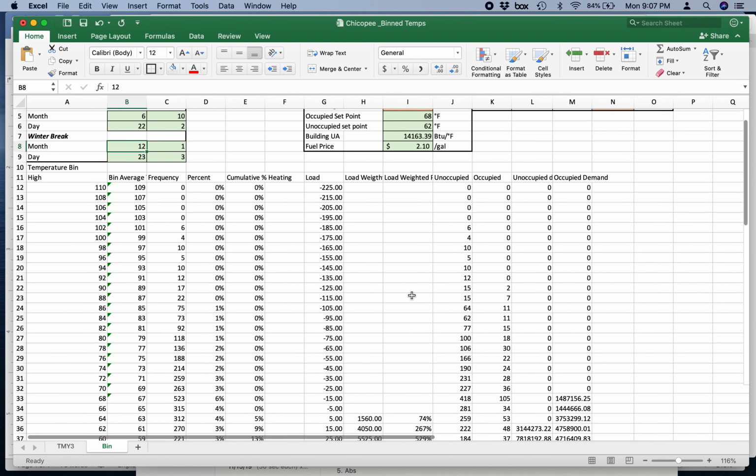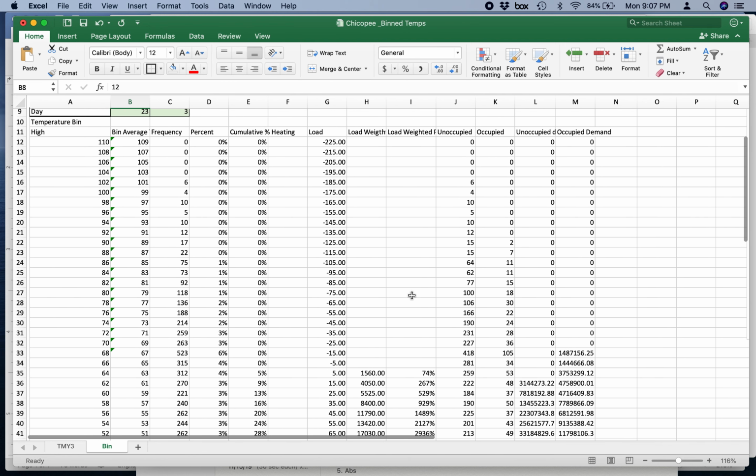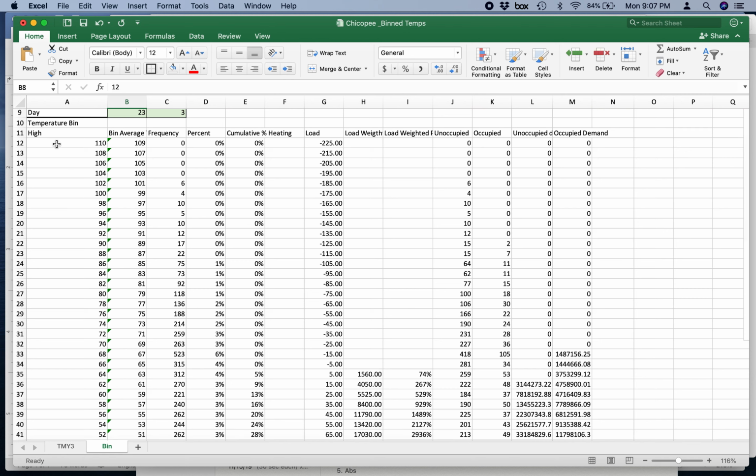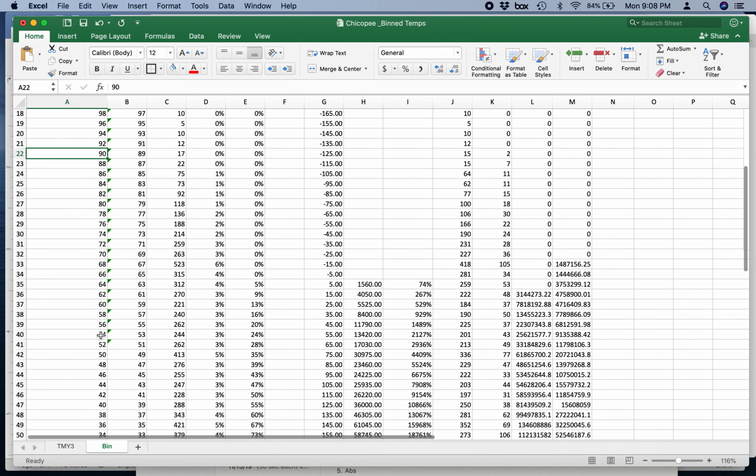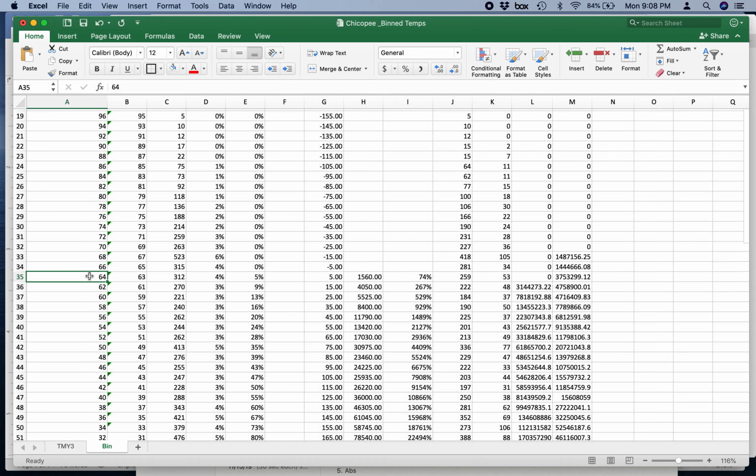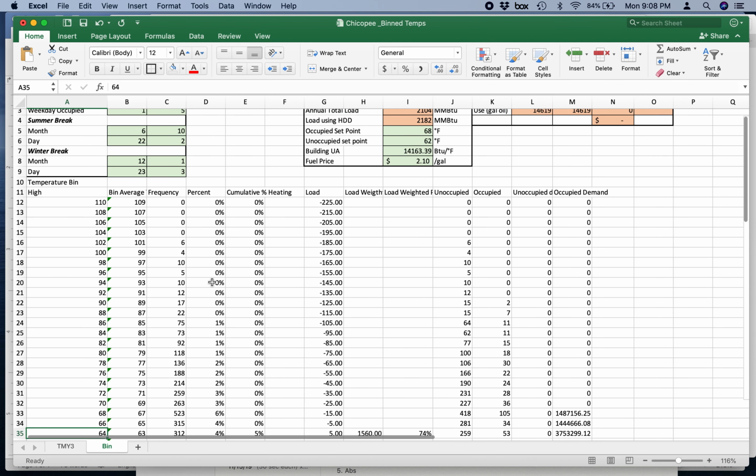But I also want you to see what we've done here. And this is creating what we call binned data. In this case, I've taken basically the high point of each bin is just 2 degrees apart in Fahrenheit. And because we're concerned with heating, we're really only going to be concerned with the temperatures below the building balance point.